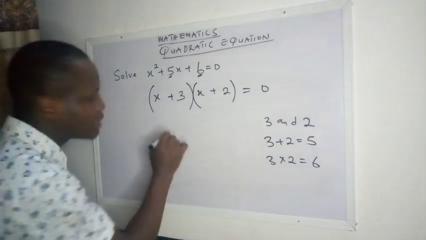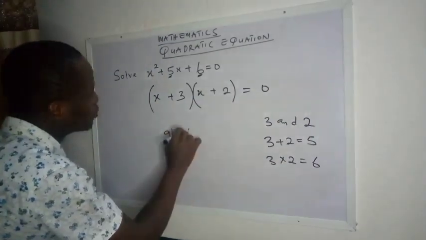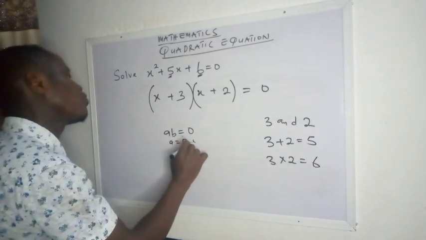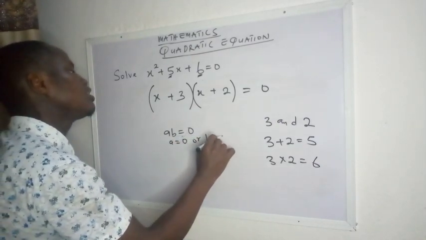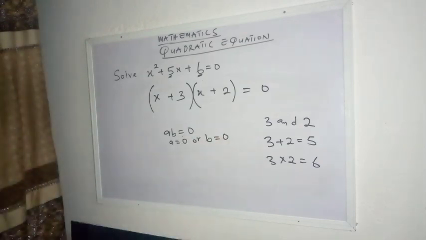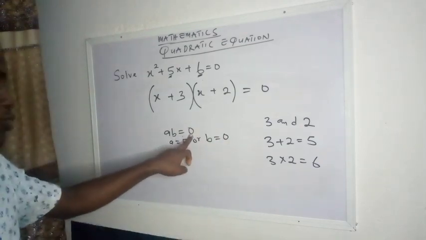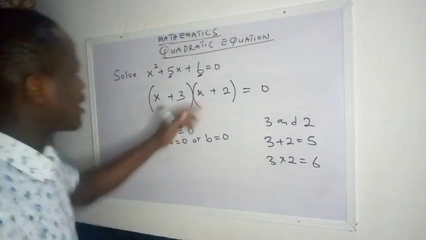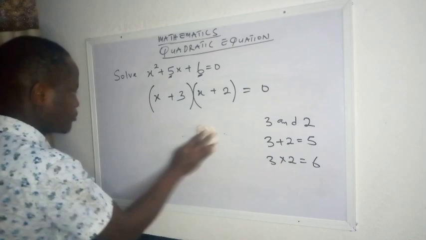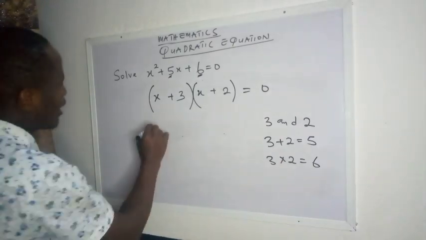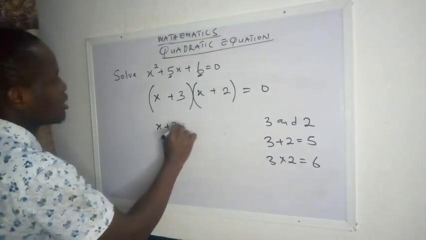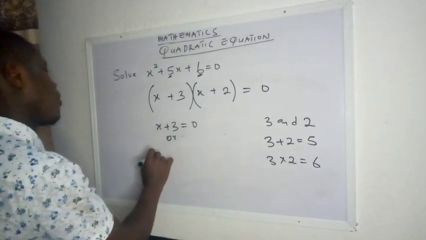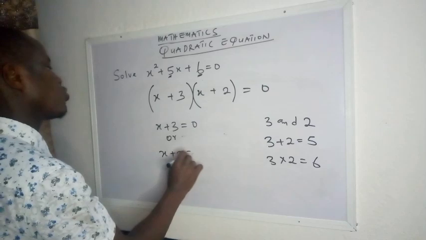Now note that if ab is equal to 0, for example, it implies that either your a is equal to 0 or your b is equal to 0. So if we apply that concept here, either x plus 3 is equal to 0 or x plus 2 is equal to 0.